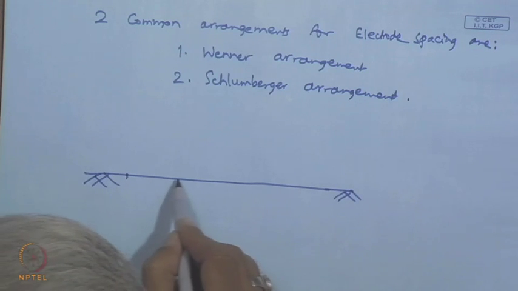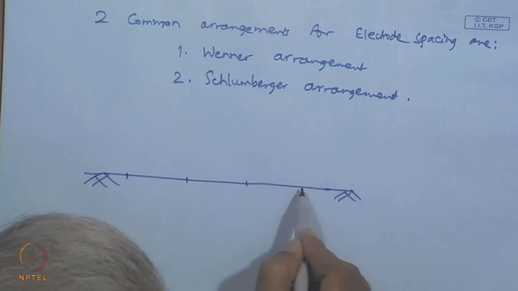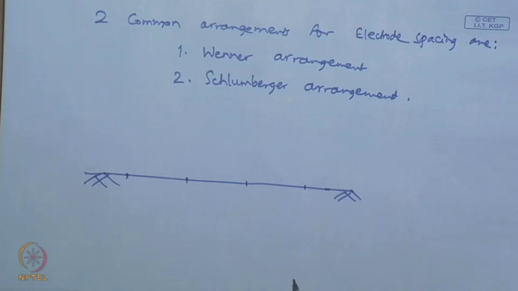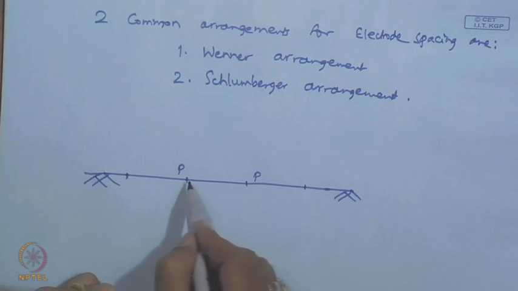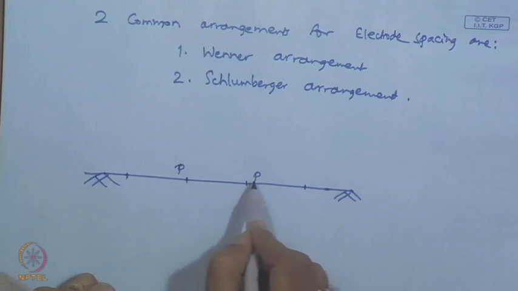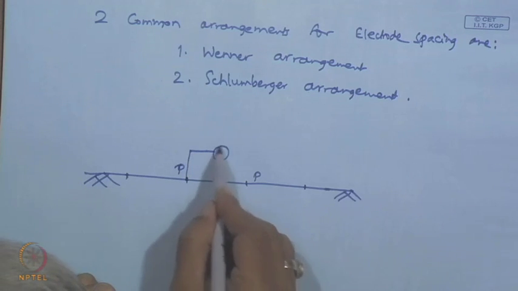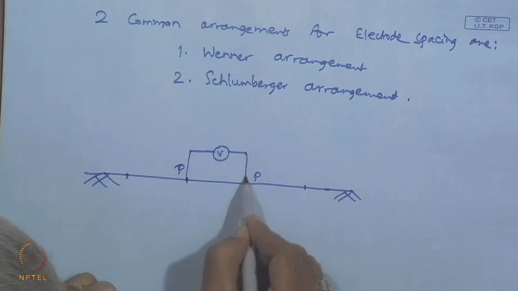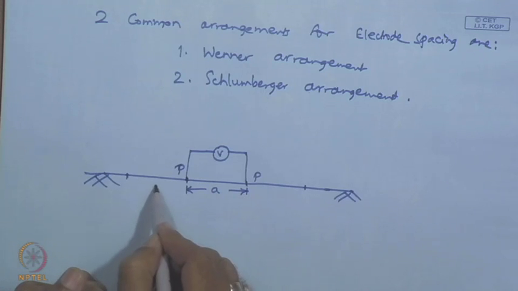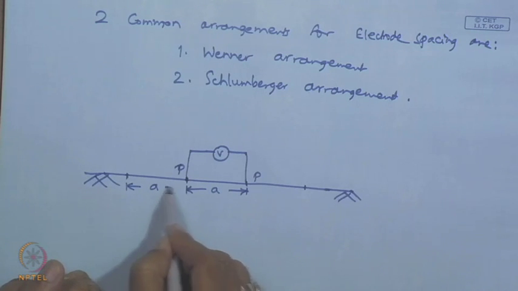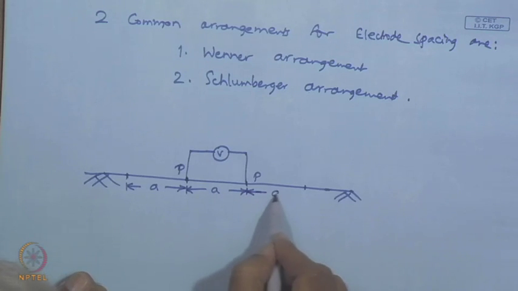In the Wenner arrangement, the distance between the potential electrodes is 1/3 the distance between the current electrodes. So, there is a voltmeter between the potential electrodes and the distance is A, and the same distance on either side of each of the potential electrodes along the same line.